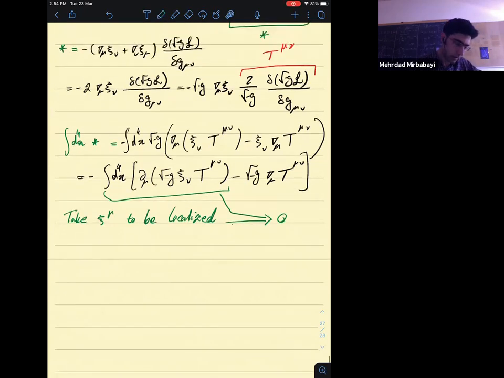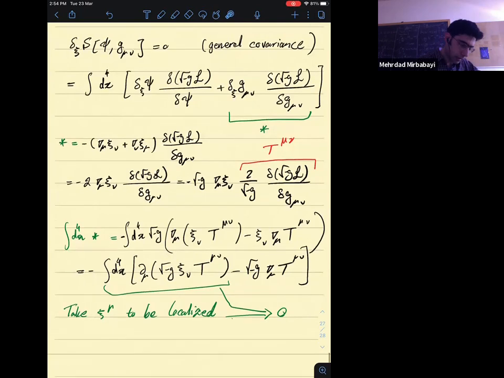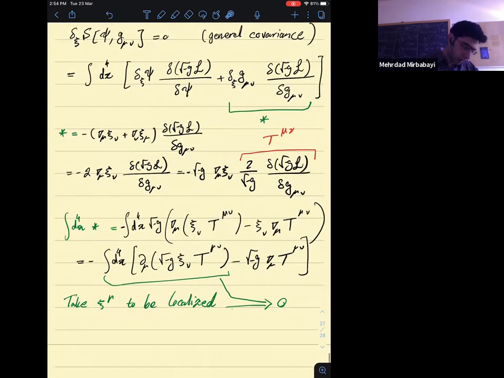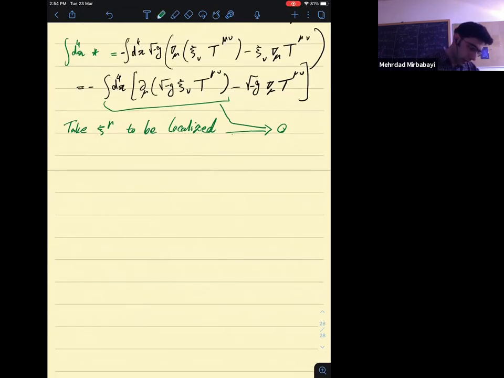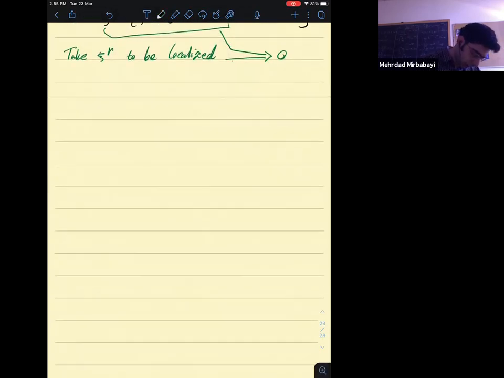And now let me put it back together with the original part. So what we will have learned is that the change of the action, which was 0, because it was generally covariant, is equal to integral d4x delta xi of psi delta of square root of minus g L over delta psi.